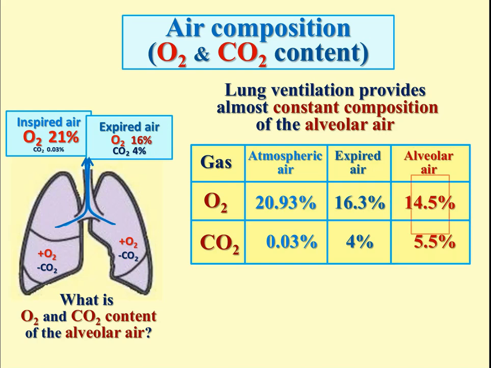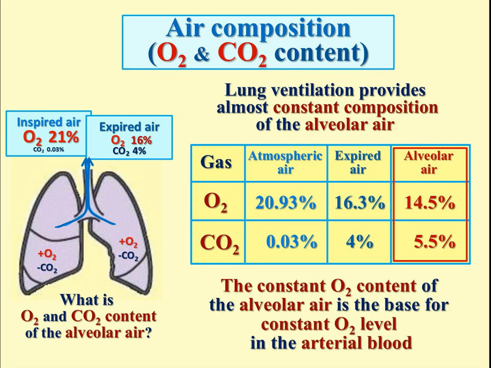And exactly from this air, the blood takes oxygen, and into this air, the blood releases excess of CO2. And this constancy is the base for the constant oxygen of the arterial blood. Blood passes through lungs, and regardless of the inspiration moment or expiration, we have almost regular constant level of both oxygen and CO2 with minimal oscillations.